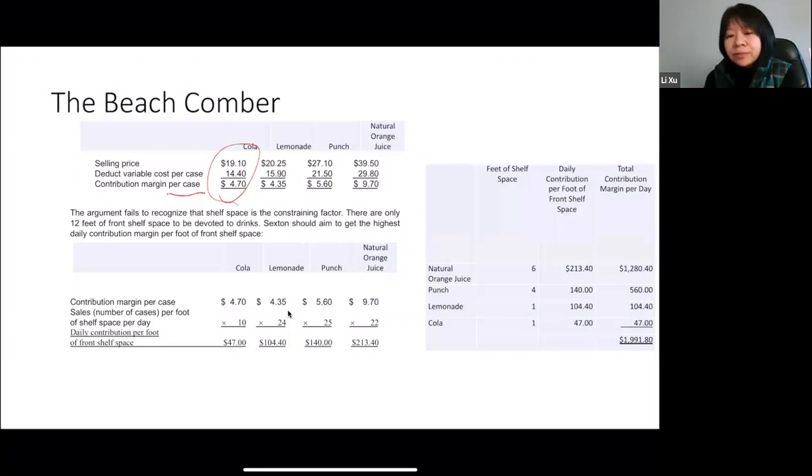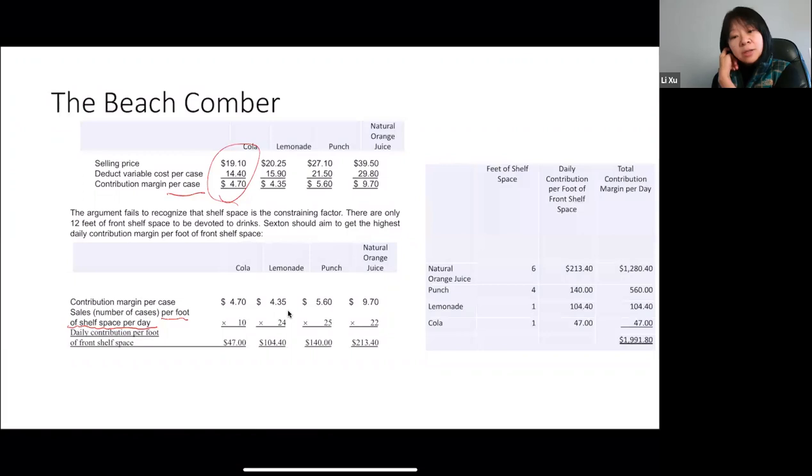Here, it tells you for each foot of the constrained resources that day, how many cases can you sell, okay? How many cases can you sell? So this is a slightly different way from the question we had before. This one basically tells you for one unit of constrained resources, how many units you can actually sell.